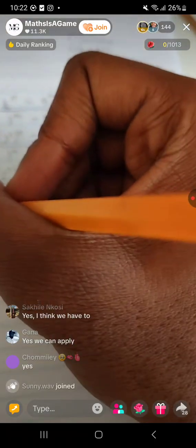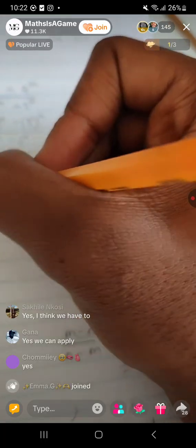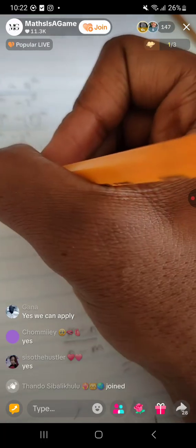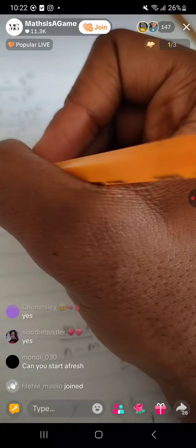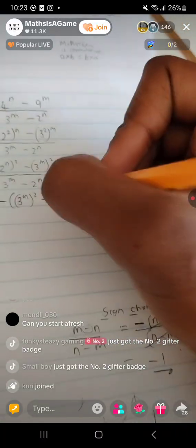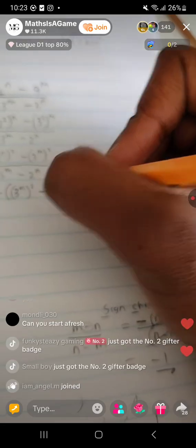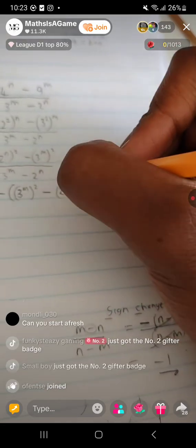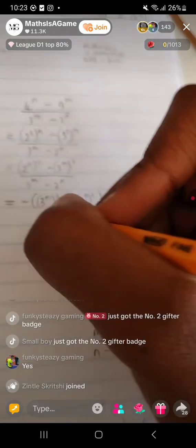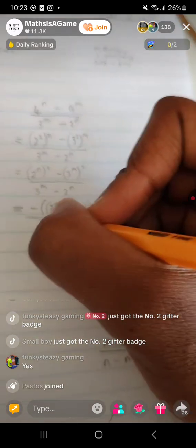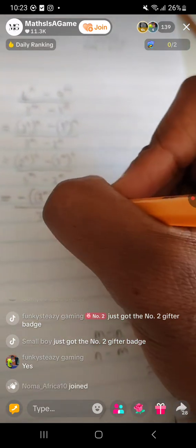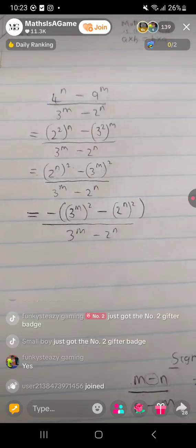So what I do then is I take out a negative. Then I say 3 to the power m, raised to the power 2, minus 2 to the power n, raised to the power 2, over 3 to the power m minus 2 to the power n.